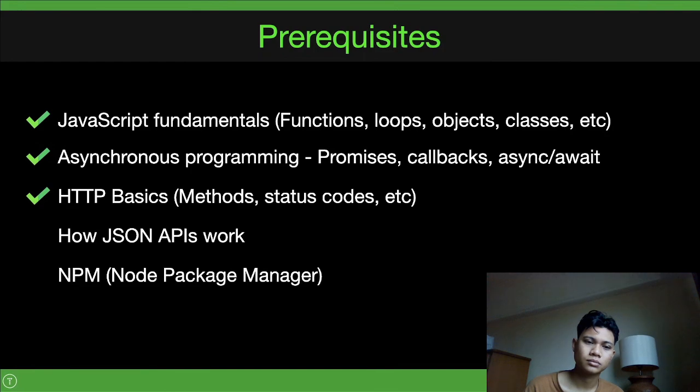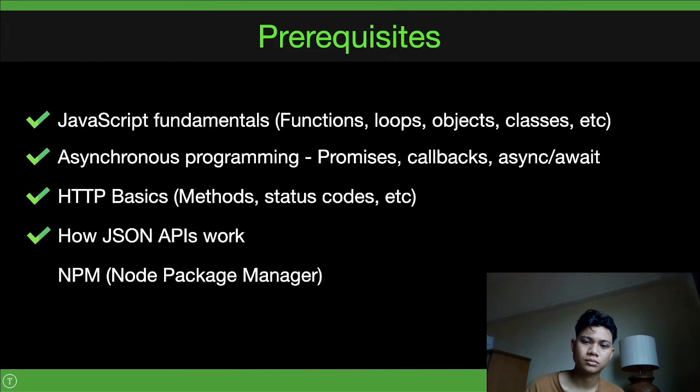Chances are you'll be building web applications and JSON APIs with Node.js, so you should understand how HTTP works, the request response cycle. You should know about HTTP methods like GET, POST, PUT, DELETE. You should know the common status codes, 200, 404, 500, things like that. And you will be learning more about this stuff as you learn about Node.js, and even in this very video.